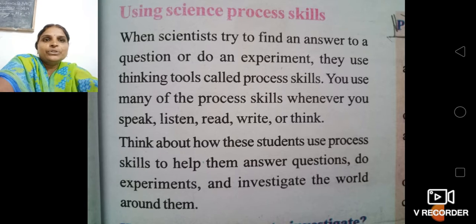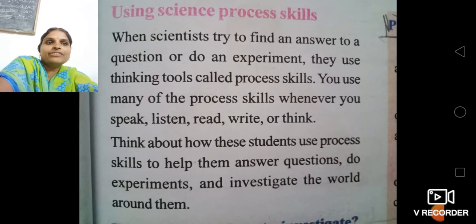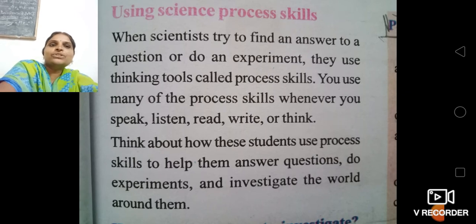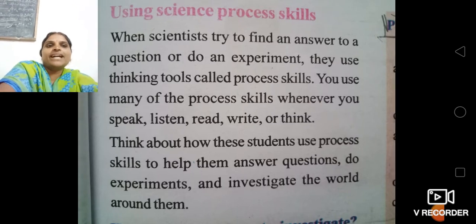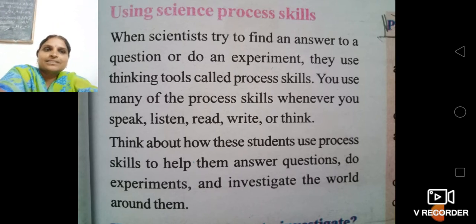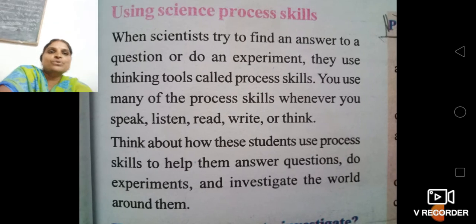You use many of the process skills whenever you speak, listen, read, write, or think. Think about how these students use process skills to help them answer questions, do experiments, and investigate the world around them. Now we will see some experiments by some students.